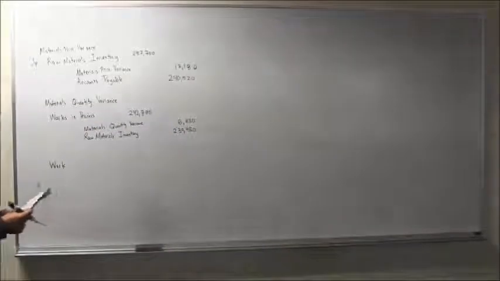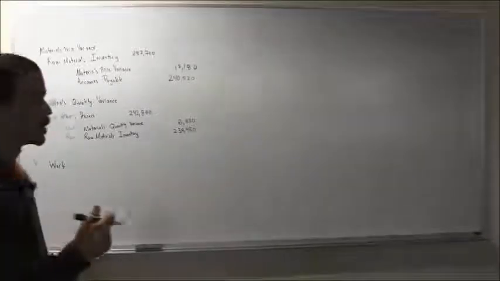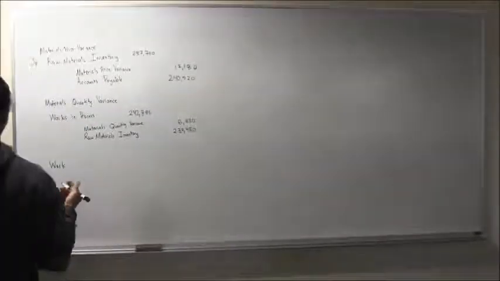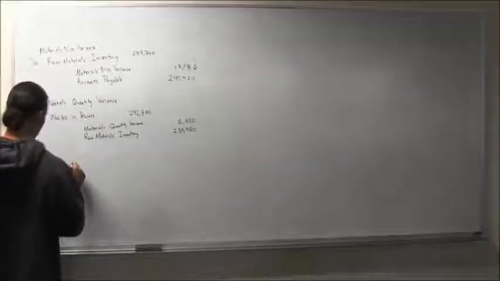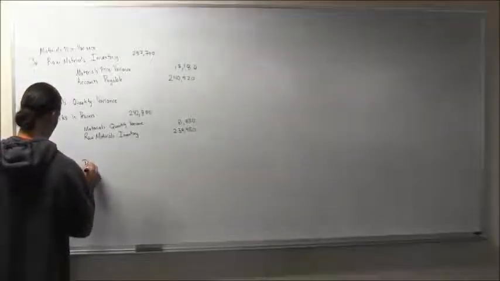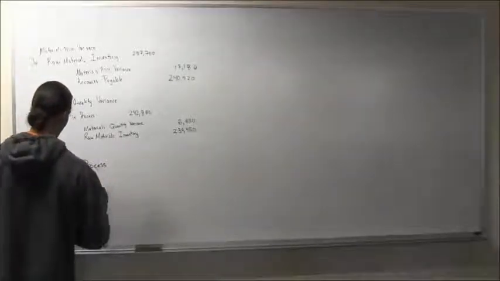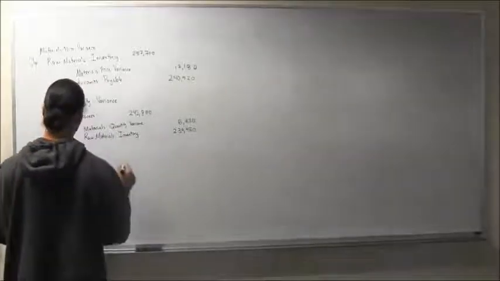All right, for the last one, the labor rate and labor efficiency variances. You're going to debit works in process for your standards. The standard hours times the standard rate.